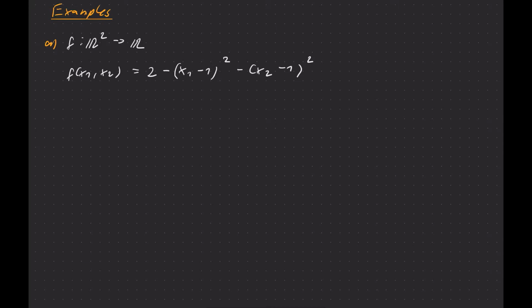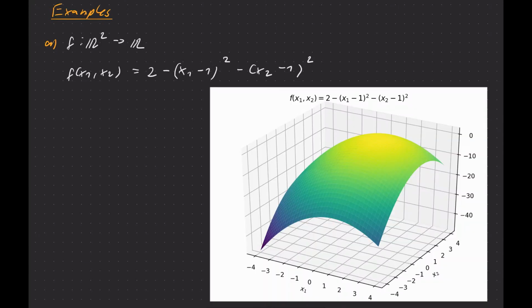I'm first going to show you a plot to give you an idea of how that function looks. So here's a plot of that function. And you can hopefully guess there might be a local maximum in here. Let's see if we can find that computationally as well.